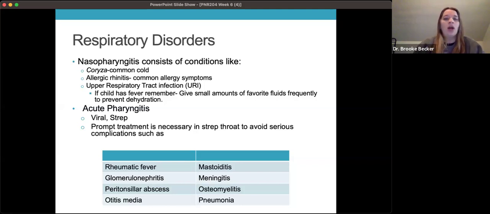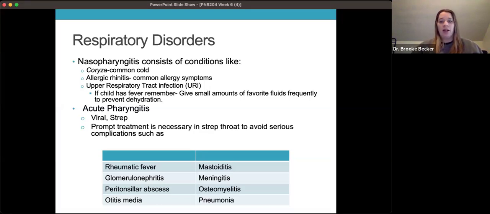Okay. Acute pharyngitis, so that can be caused from viral illness, but also what do we think of most commonly? Strep throat, right? That's the bacterial form, group A strep, okay?